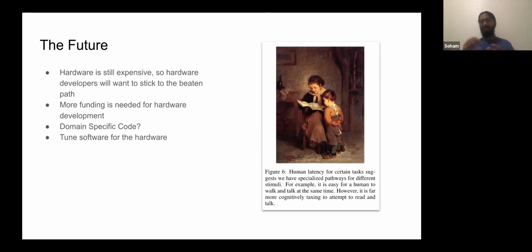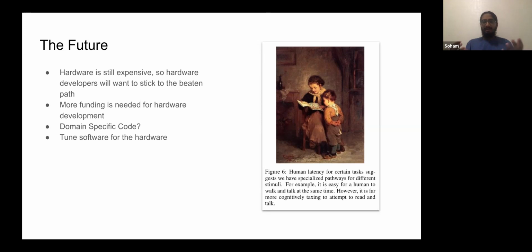They will only work on supporting software that we know will work well. So the gap will continue to increase between hardware and software, and the only way to fix that is to have more funding for hardware development.